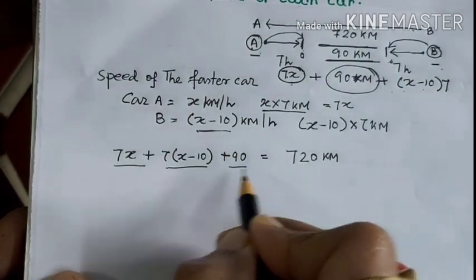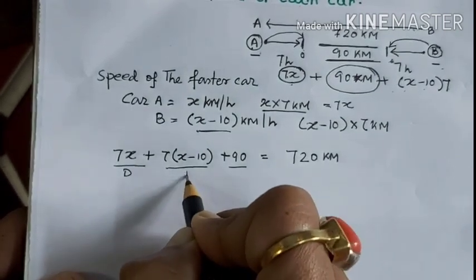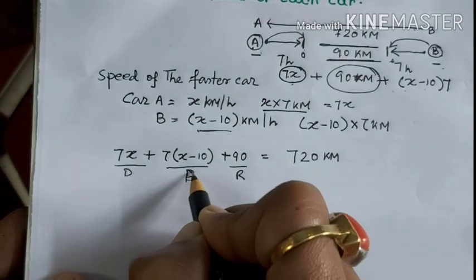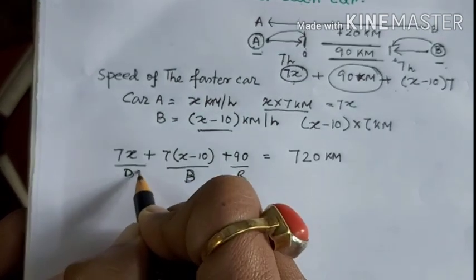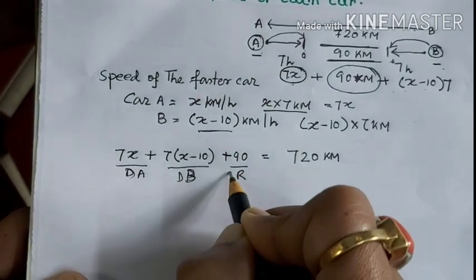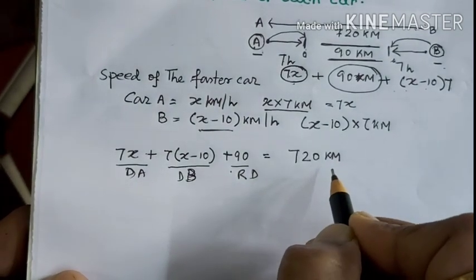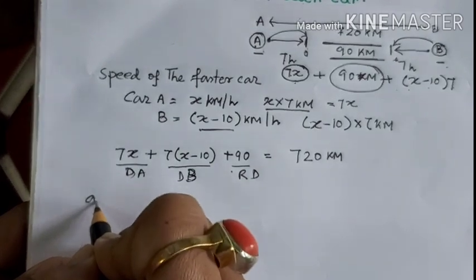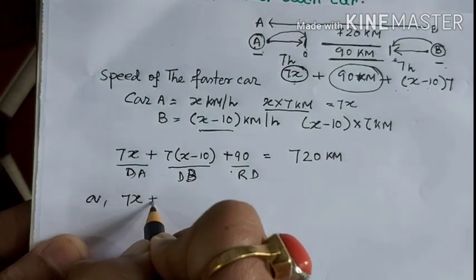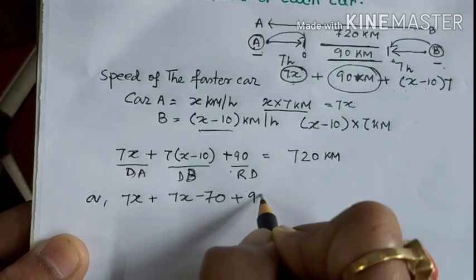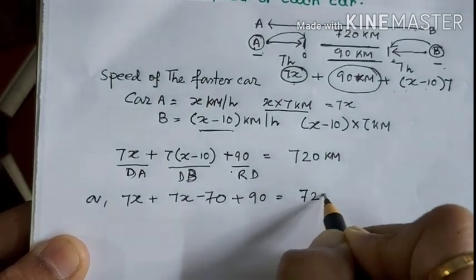If you add up the distance of car A, the distance of car B and the remaining distance, the three distances add up to 720 km. So the equation is 7x plus 7 into x minus 10, plus 90 is equal to 720 km.